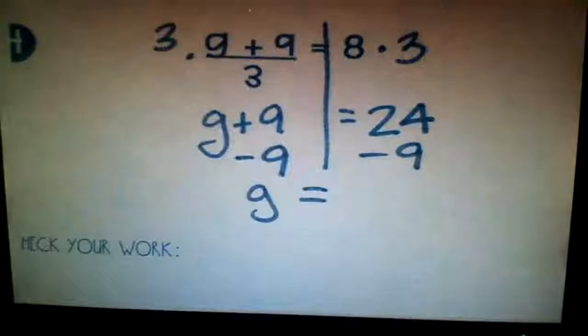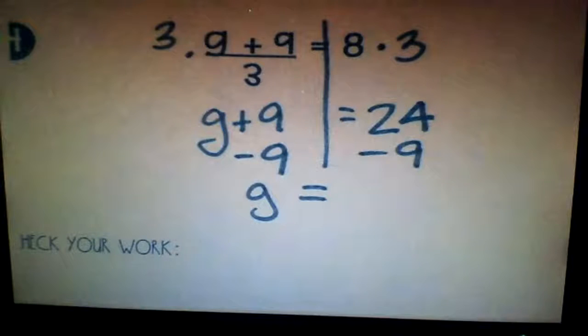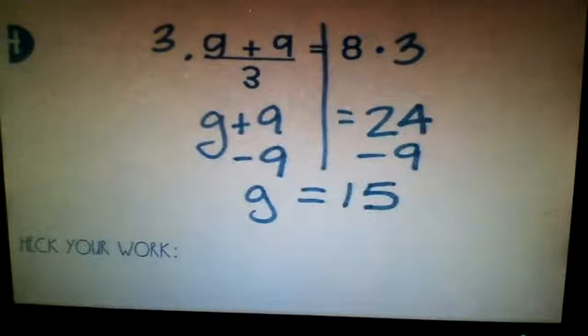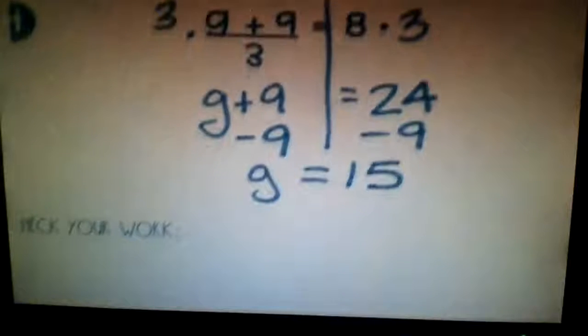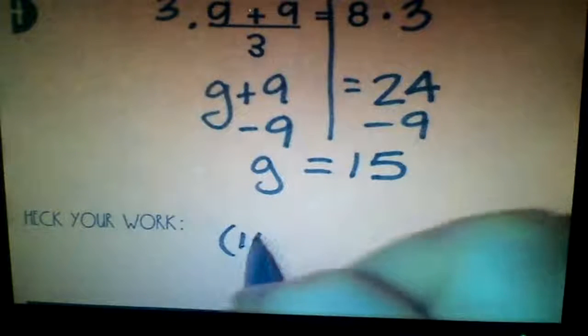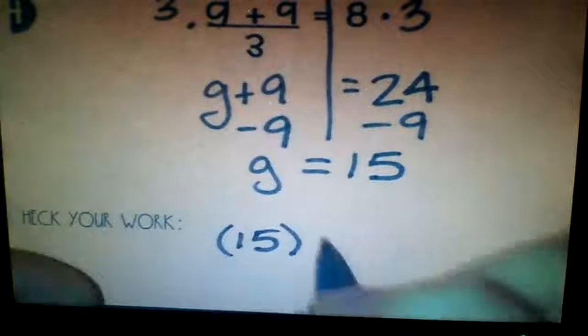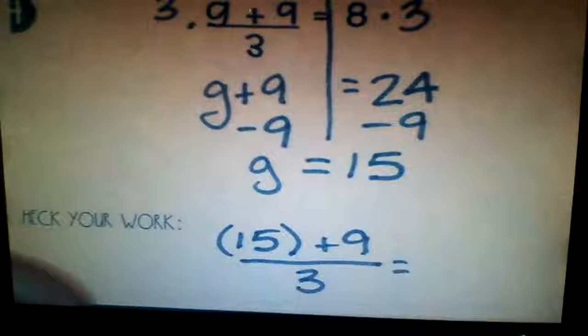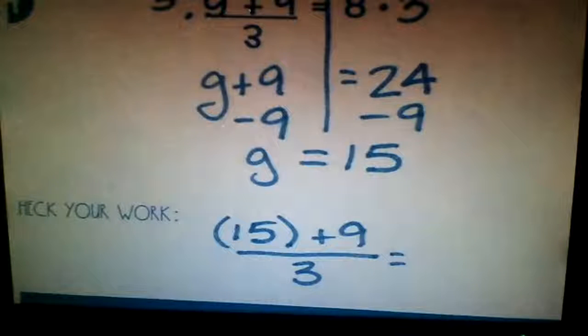So what should G finally equal? 15. 15 plus 9. When we go to check it, well, 15 plus 9 is going to give me 24. And when I divide 24 by 3, I get 8.